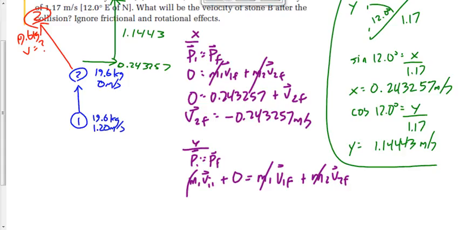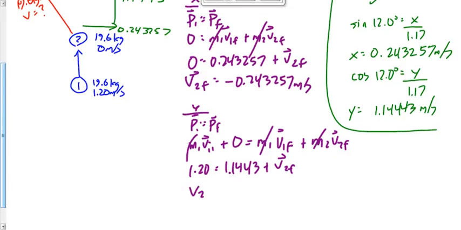V1I is 1.20. V1F is 1.1443. What does that equal? 0.055, I think. Or 0.555, I think. Is that right? Figure that at 1.2 minus 1.1443.